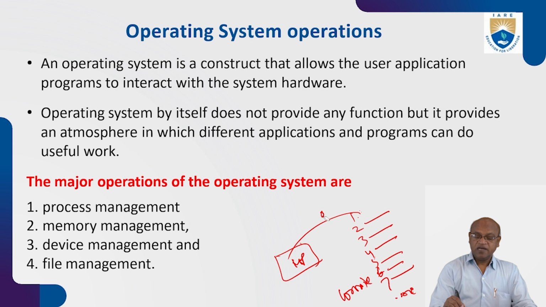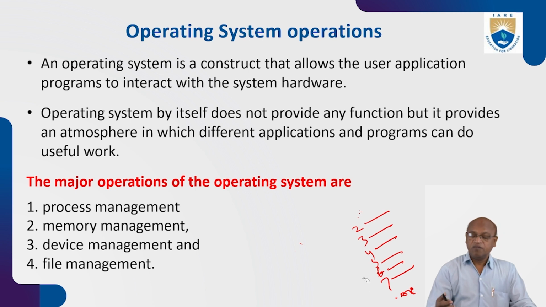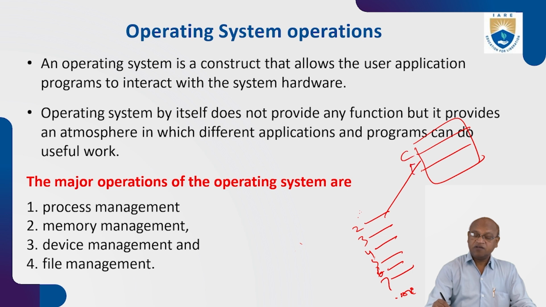Next one is memory management. Memory management means, once you write a program or any document and want to save it in the hard disk, that will be taken care of by the OS. Where does it save? As you know, there are a number of drives in the hard disk, C drive, D drive, E drive.